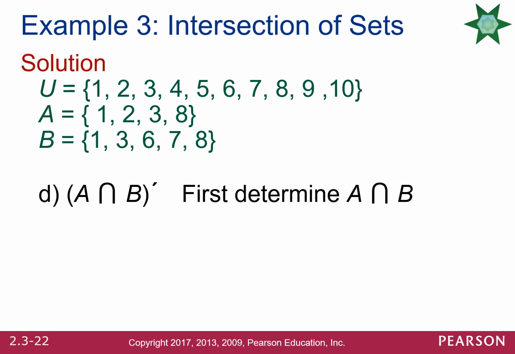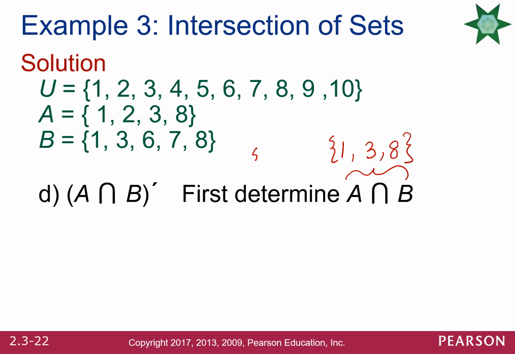So that list of elements, all right, so A intersection B were which values here? 1, 3, and 8, correct? 1, 3, and 8.